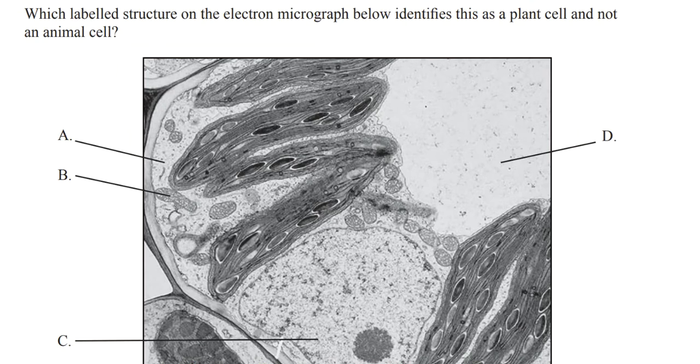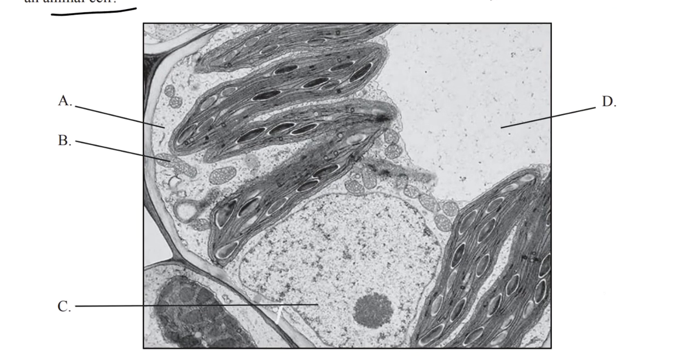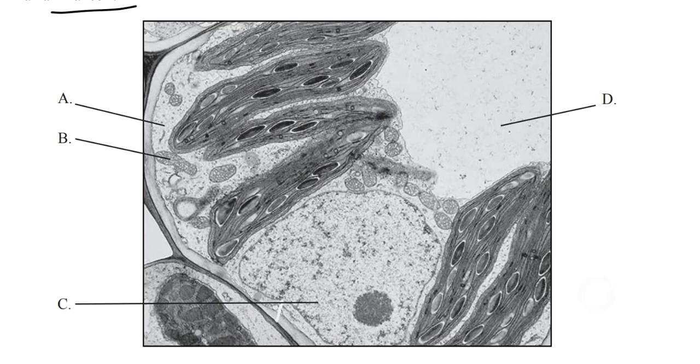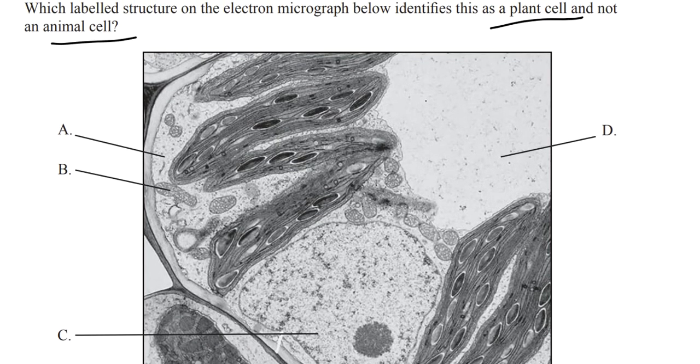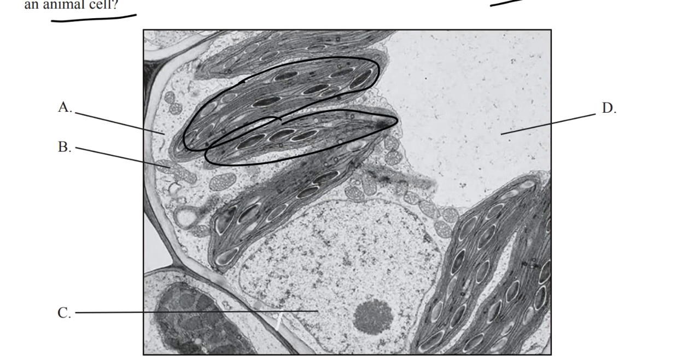Which labeled structure on the electron micrograph below identifies this as a plant cell and not an animal cell? Plant cells versus animal cells, the distinguishing structure you always think about is chloroplasts. And if we look at a chloroplast over here, or well, it could be a chloroplast, but chloroplasts seem to be these big structures here, which there are no arrows pointing to, so this might not be the answer.